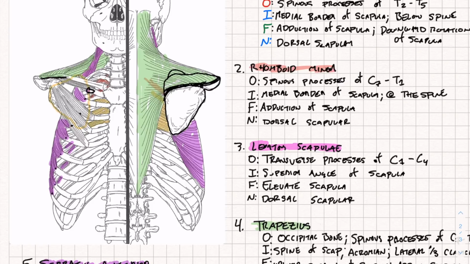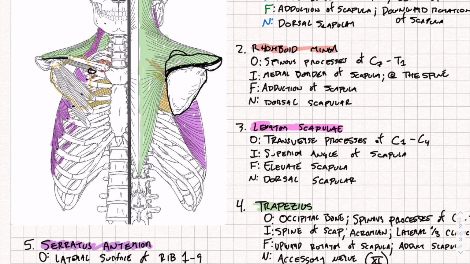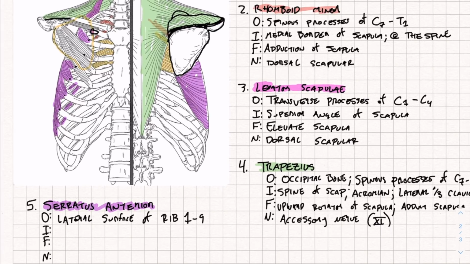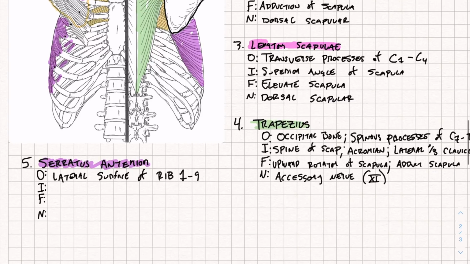That's the lateral surface of ribs 1 through 9. And you could also call it the anterolateral, which just means this is more anterior and it's lateral. So the more anterior lateral surface of ribs 1 through 9. It inserts on the scapula, and it's the medial border, except it's the anterior surface of the medial border.